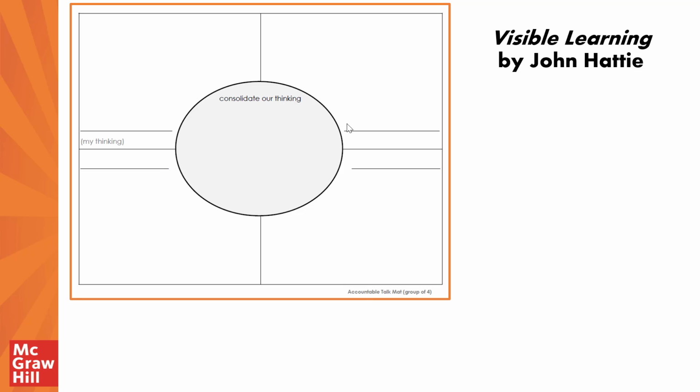The next tip is provided from the resource Visible Learning by John Hattie. And the goal is to hear from others, but to consolidate your thinking. So in this example, you can imagine as a language learner, I'm listening to 3 other students explain their thinking.